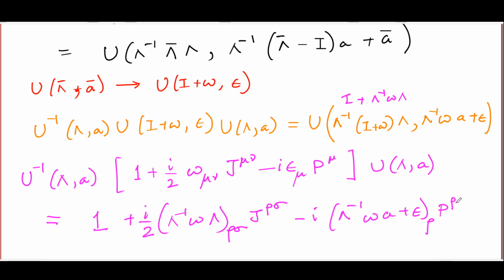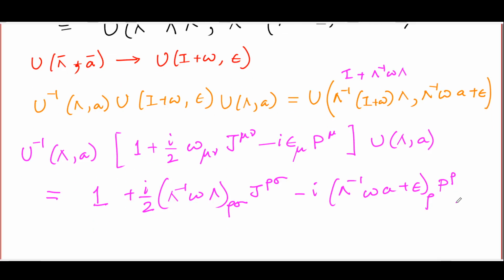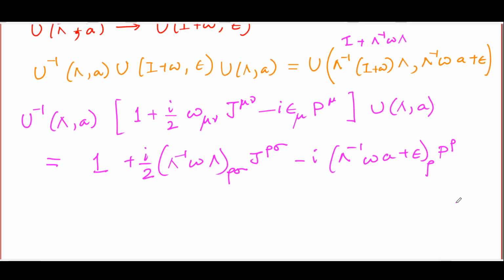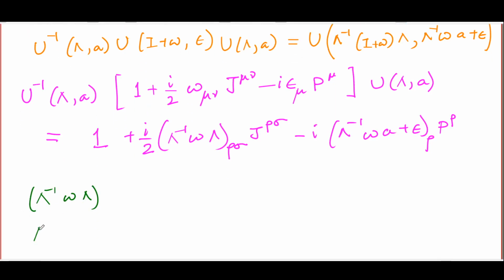In fact, before we go any further, let me try to simplify or at least explicitly write down expressions for matrix elements of lambda inverse omega lambda and lambda inverse omega A plus epsilon.